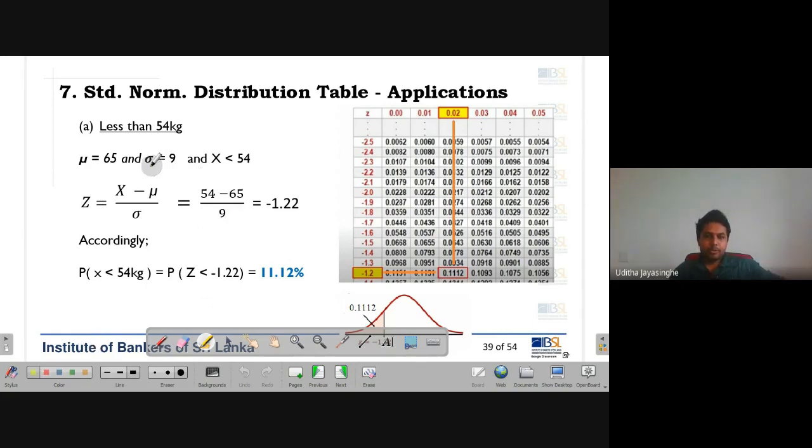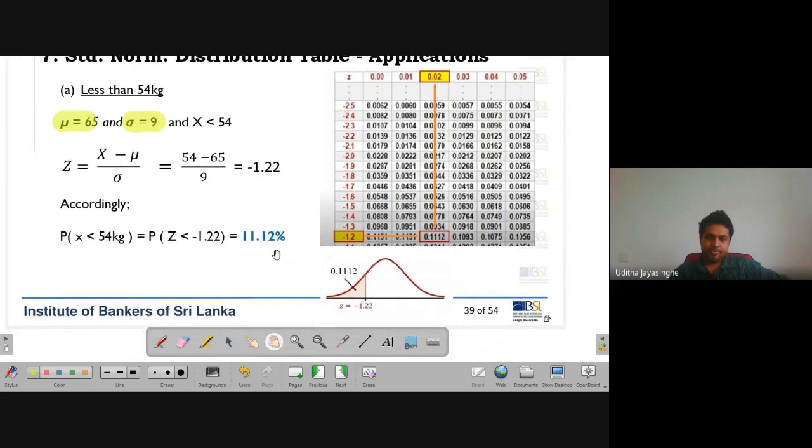So the mu is 65, standard deviation is 9, and the value of interest is 54. First step, we calculate the corresponding Z value. Z is equal to x minus mu divided by sigma. So 54 is our value of interest, 65 is the mu, 9 is the standard deviation.